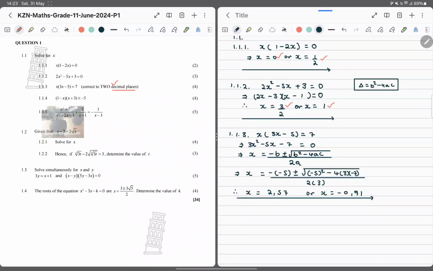Remember, folks, let's not be too excited. We got solutions. We need to check them in the original expression. Now we go back and say, we've got x there, which is 2.57, into 3 into 2.57.